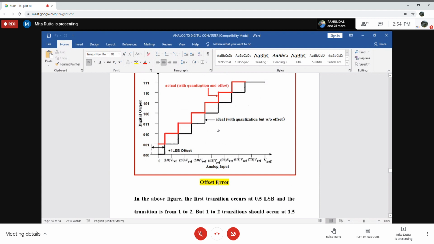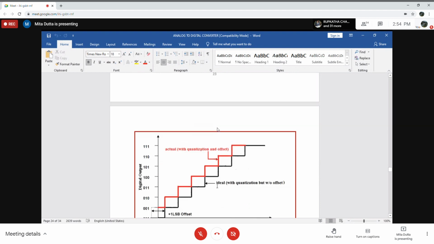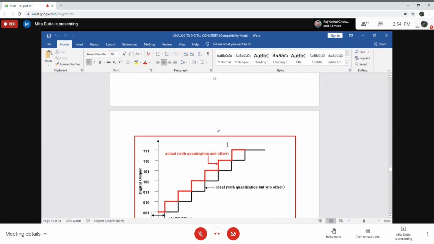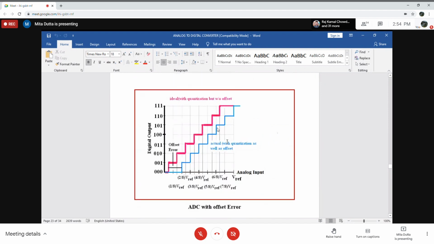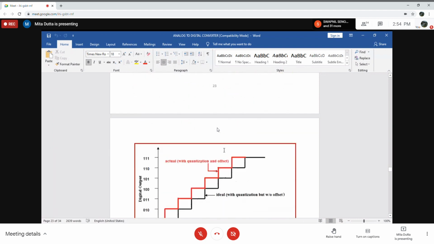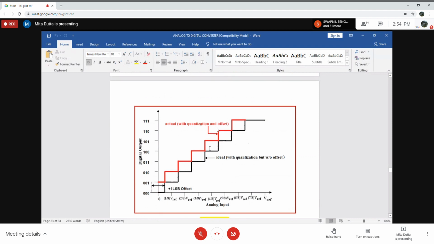And what we see as the difference, can you look carefully at this graph and the previous one? Here we have a negative offset error, and here we have a positive offset error.